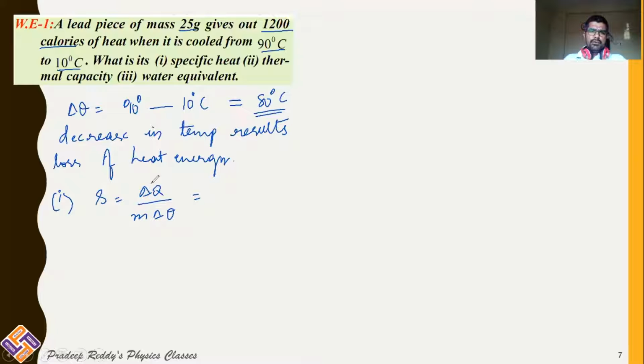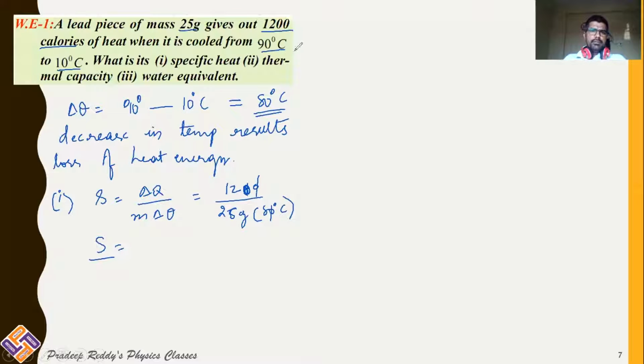Delta Q is the total amount of heat energy required, which is 1200, divided by the mass of the substance, 25 gram, into delta theta, the change in temperature, 80 degrees Celsius. The zeros get cancelled. Of course, here it is 25 into 120. You can calculate this and you will get the specific heat of the substance.